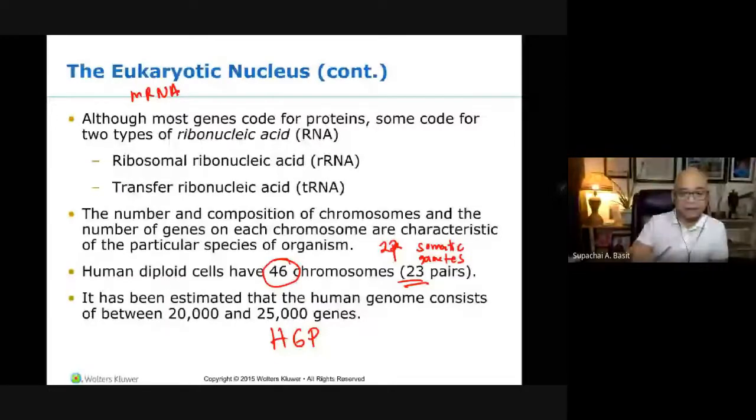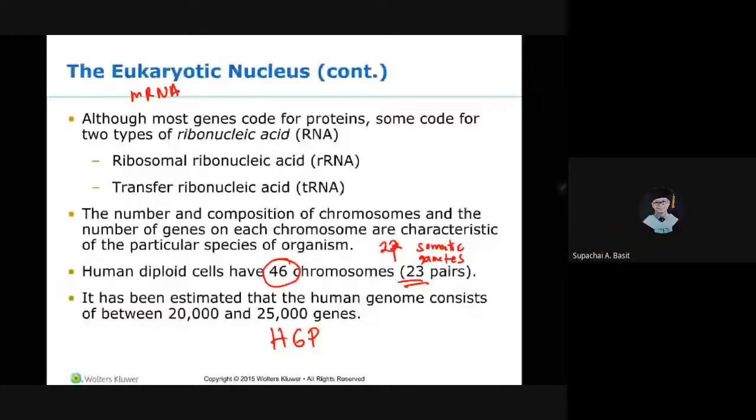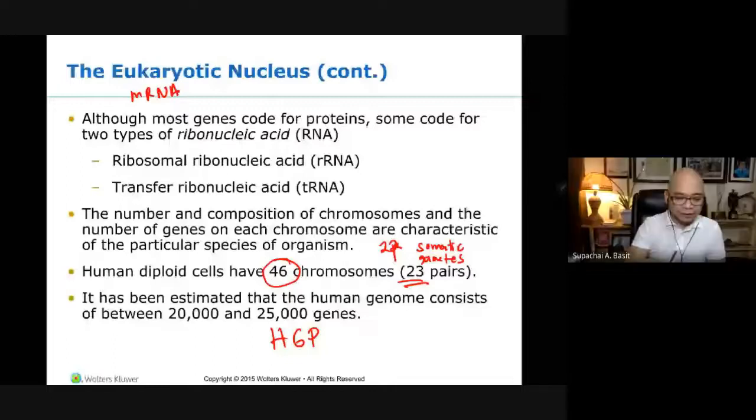So let's talk about the structure of the eukaryotic cells. We have, of course, the cytoplasm.